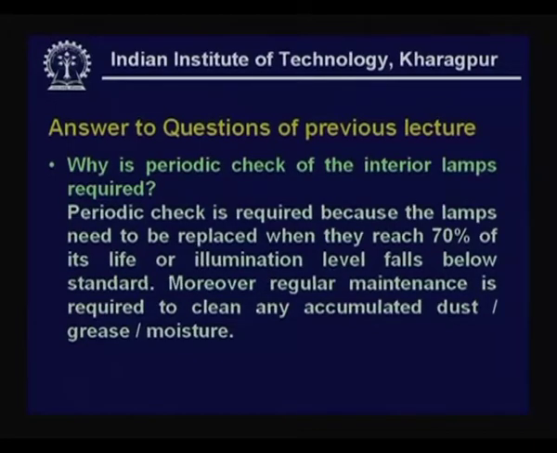This can be taken care of through regular maintenance by cleaning the dust, grease or moisture that is accumulated, and often it is advised to replace in groups rather than individual lamps. Large group replacement is advisable.